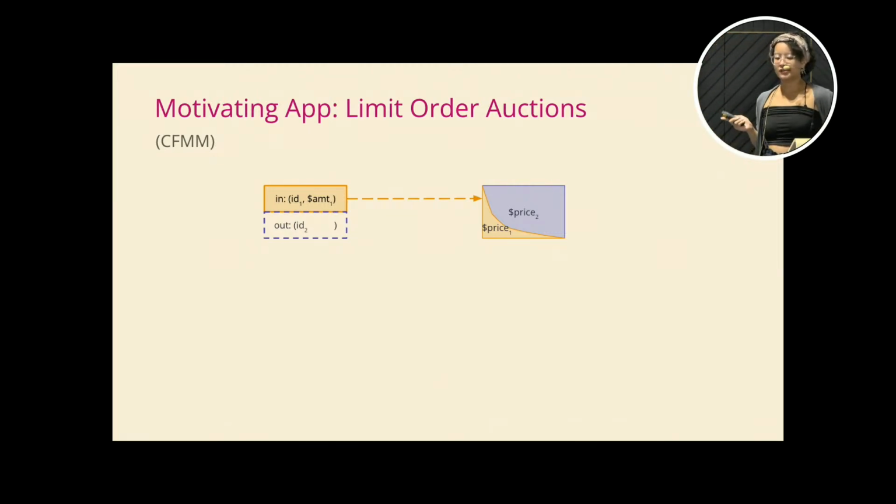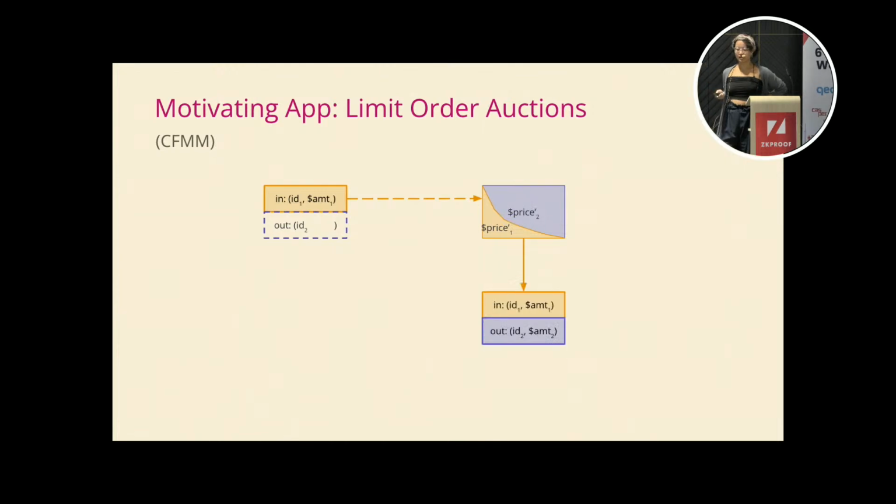Now, the only way that this differs is that you're not allowed to specify your price. So you're not allowed to specify your output amount. And in fact, the price here is determined algorithmically, publicly. And after the trade, you shift the bonding curve on the liquidity pool.